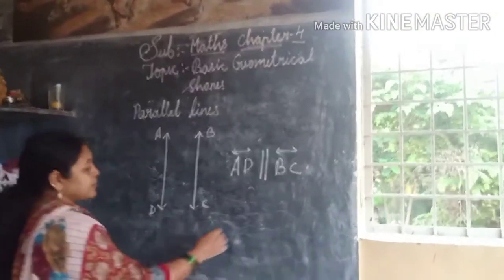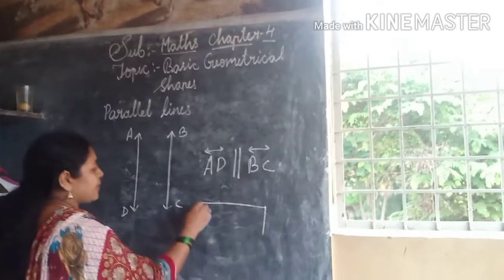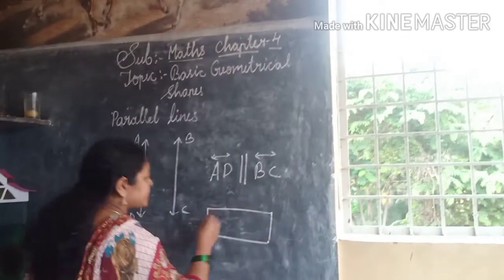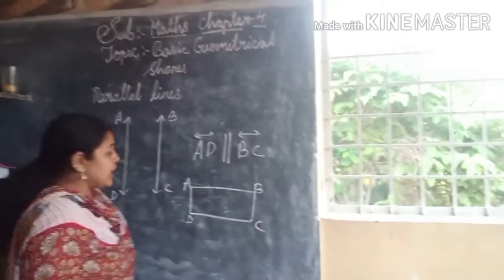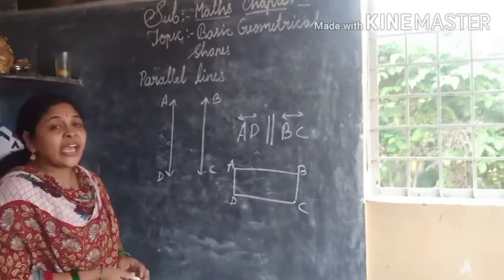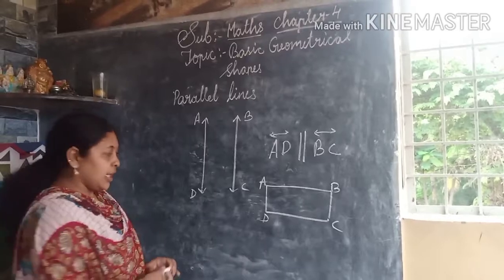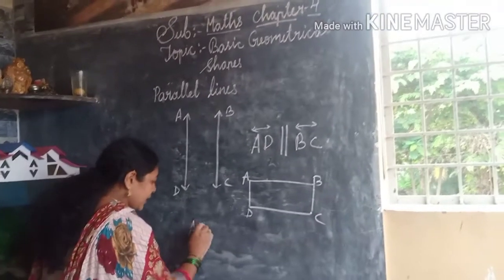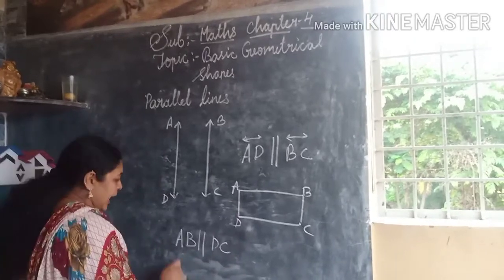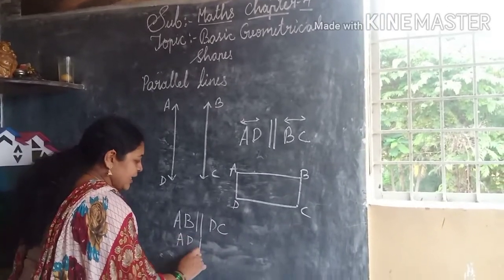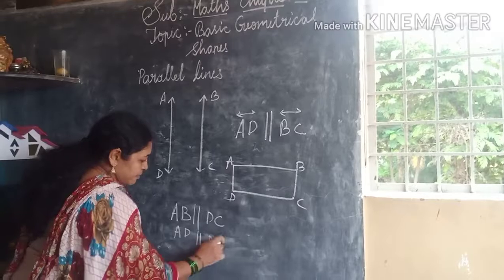If you take a rectangle ABCD, in this ABCD, which two lines are parallel? We take AB is parallel to DC and AD is parallel to BC.